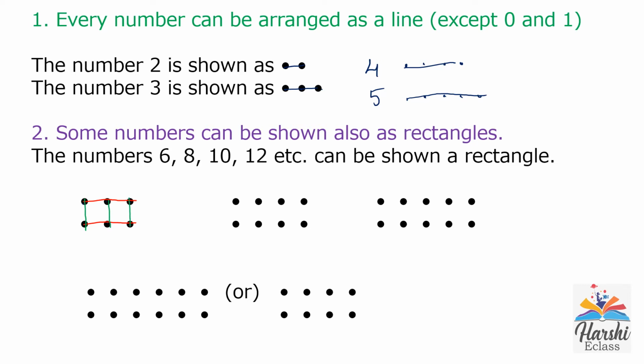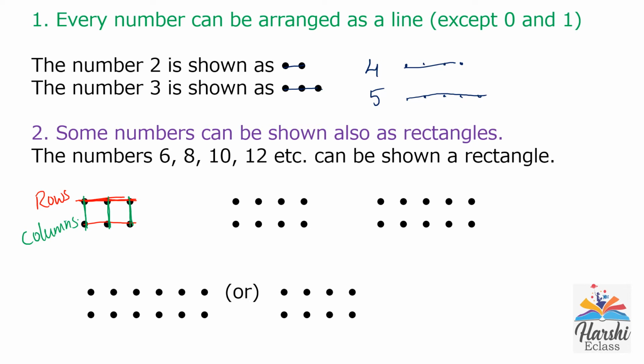These are the rows, and these lines are columns. 6 can be represented as a rectangle. There are 2 rows and 3 columns.